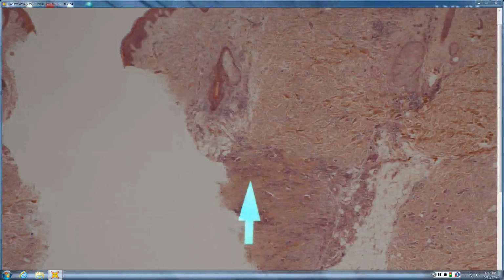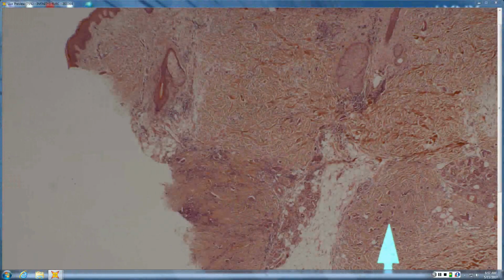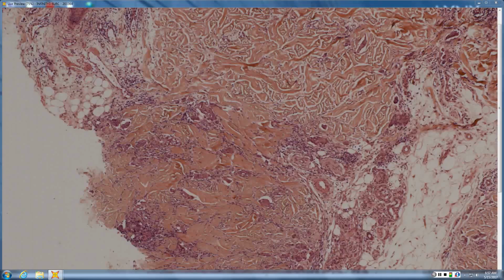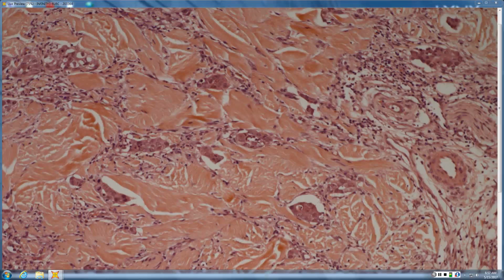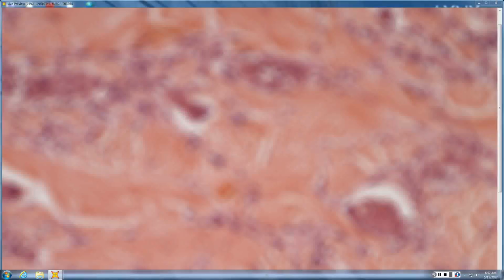Hopefully your eyes would have picked up on these little spaces filled with epithelial kind of atypical cells, and this is a little bit more sclerotic. There's a lymphoid aggregate there that really shouldn't be there, and then with just that history. And so this one's kind of a twofer in a sense, and kind of scary.